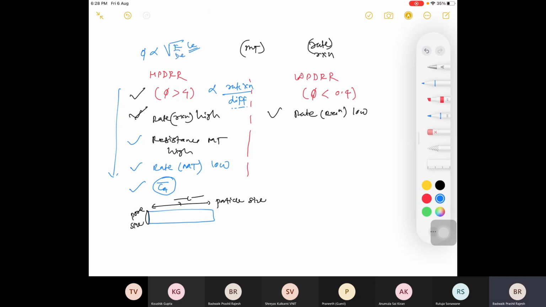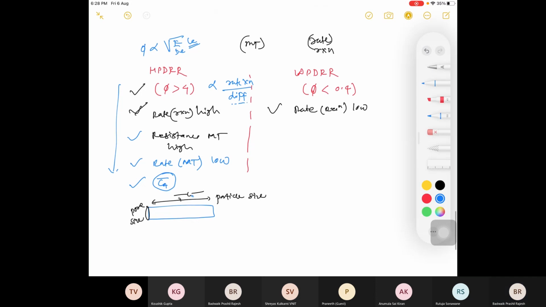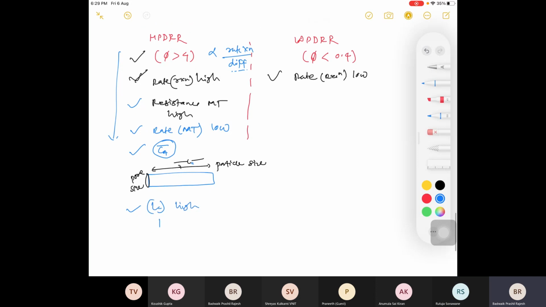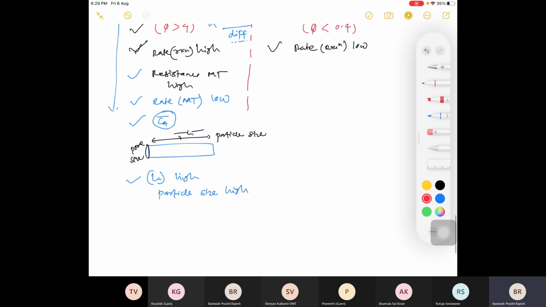So if Thiele modulus is high, then the characteristic length LC will be high, right? So your LC, that is characteristic length, is high. That means I can say particle size is high. Particle size, not pore size.